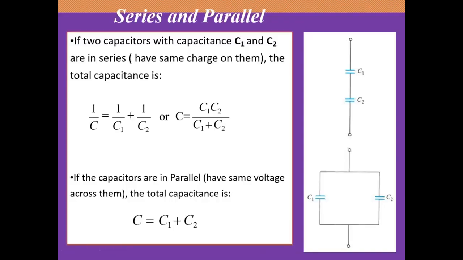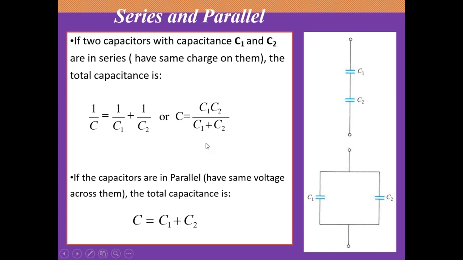Now, series and parallel. If two capacitors with capacitance C1 and C2 are in series, then they have the same charge on them. The total capacitance is given as 1/C equals 1/C1 plus 1/C2, or C equals C1 C2 over (C1 plus C2).